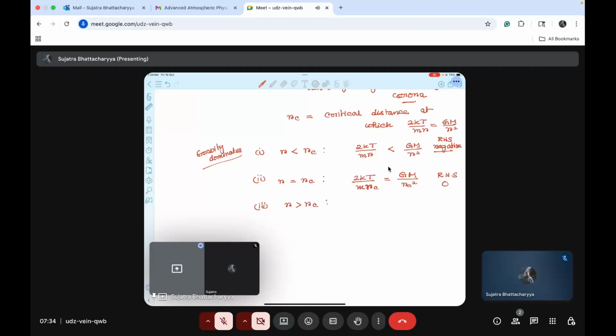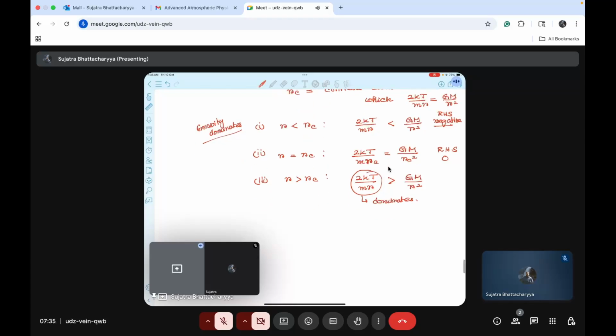Finally, when r is larger than rc, 2kT by mr is greater than GM by r square. Here this term dominates, so the thermodynamical part, the temperature part, dominates.